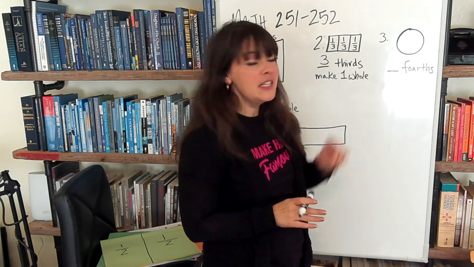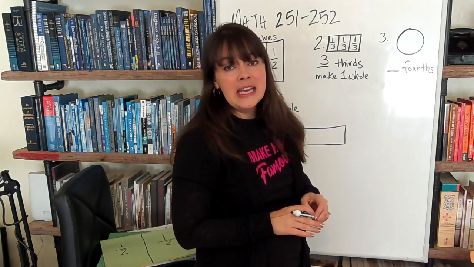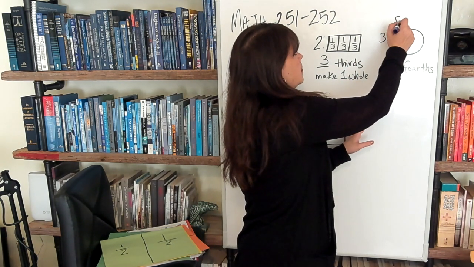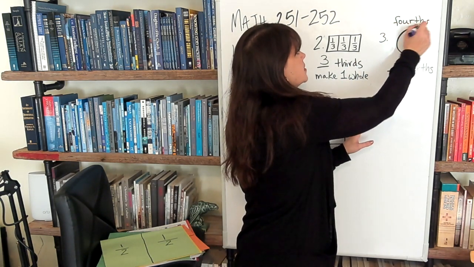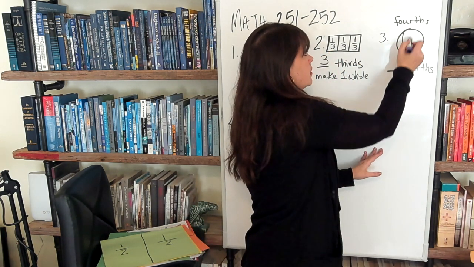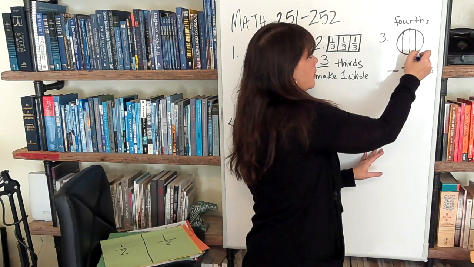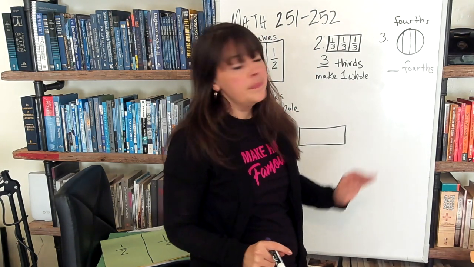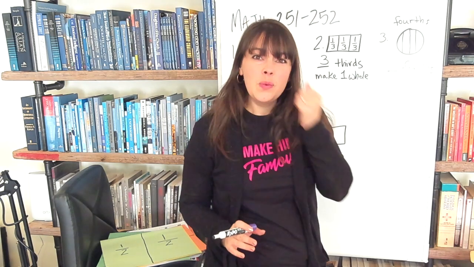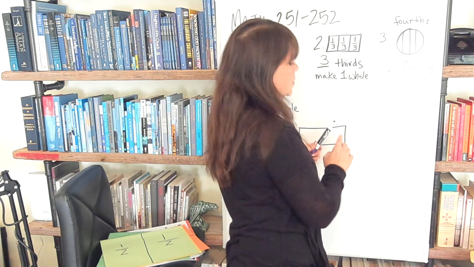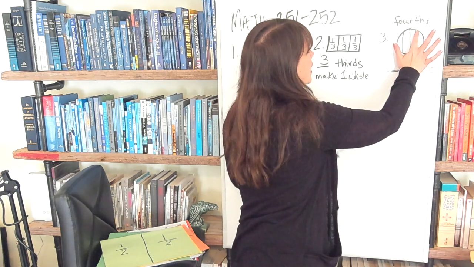Now let's partition this circle into fourths. Fourths is what is written on your page above it. Now a circle you can't partition like this. 1, 2, 3, 4. This makes 4 sections, but they're not equal. You can tell they're different. They're too different from each other. They're not equal. So a circle you don't partition like that.